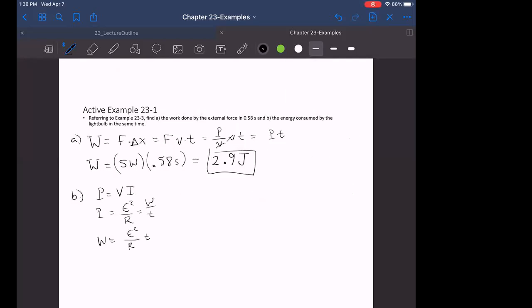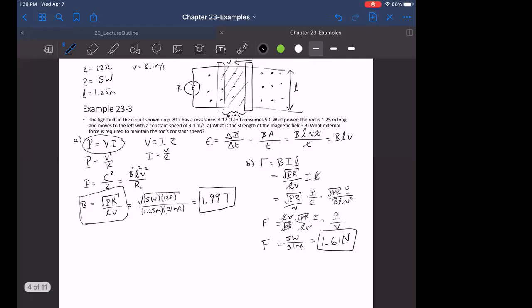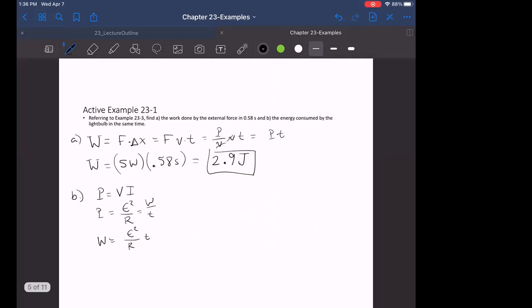And epsilon, we found on the previous page, our EMF was just BLV. BLV over R times T. It'll be BLV squared. Squared. Thanks.